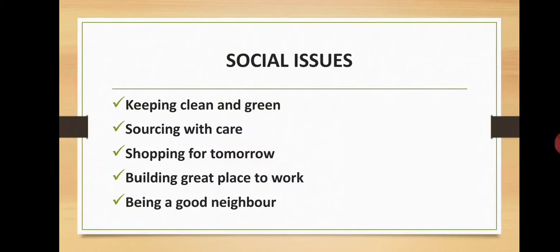He has to take care that because of his business operations, the environment is not getting polluted. He always has to concentrate on keeping his city, his country, or his place clean and green.